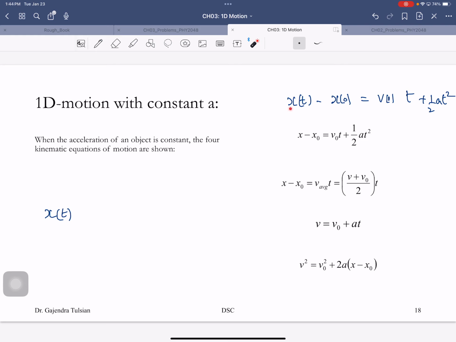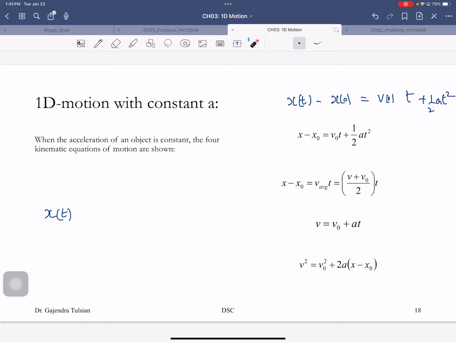This is your position at time t, written as just x. This is your initial position, written as x naught, equal to v naught t plus 1/2 a t squared. So this is giving you displacement, or position, as a function of time. And you see, I told you that it's a quadratic function of time.